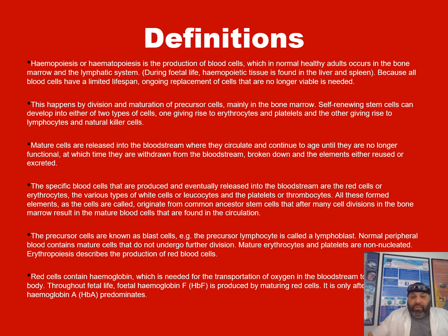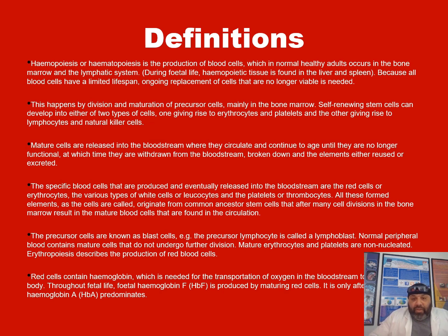Haemopoiesis, or haematopoiesis, is the production of blood cells, which in normal healthy adults occurs in the bone marrow and the lymphatic system.